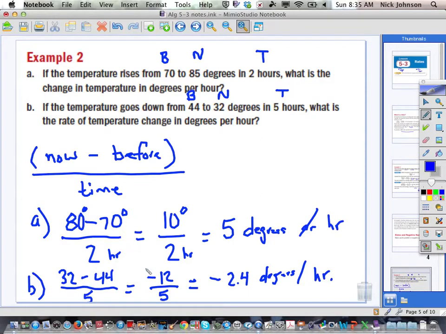And notice, since this one went up from 70 to 85, it was positive in degrees. Since this one went down from 44 to 32, this ended up as negative 2.4 degrees. So, now minus before divided by time will help you get the answer that you were looking for. Moving on.